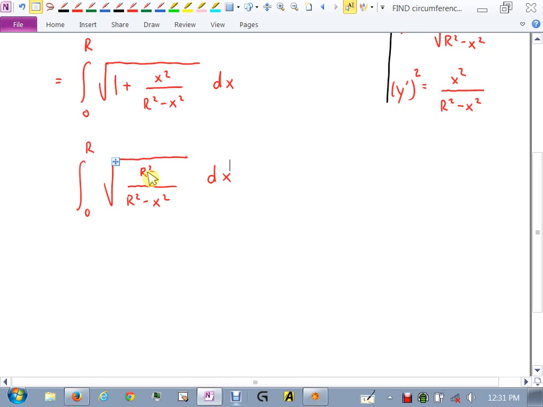Capital R. Can I pull that out of the integral? Yes, because r is a constant. So I can pull a capital R out of the integral, then integral from 0 to r. What's still in here? 1 over square root of r squared minus x squared dx.